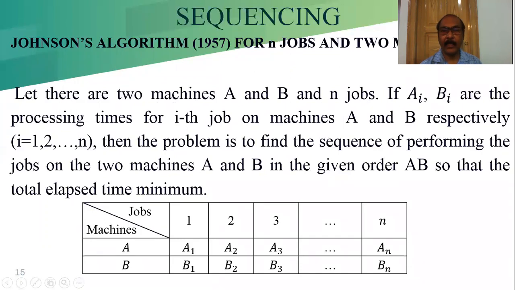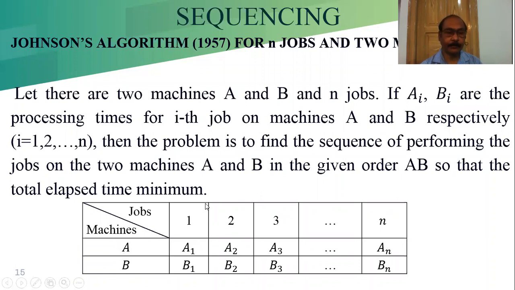If Ai, Bi are the processing times, let us consider A1, A2, A3, An. That means job 1, when it is processed on machine A, the time required is A1. When job 3 passes through machine A, the time required is A3. Like that, job Jn, when processed through machine A, the required time is An.